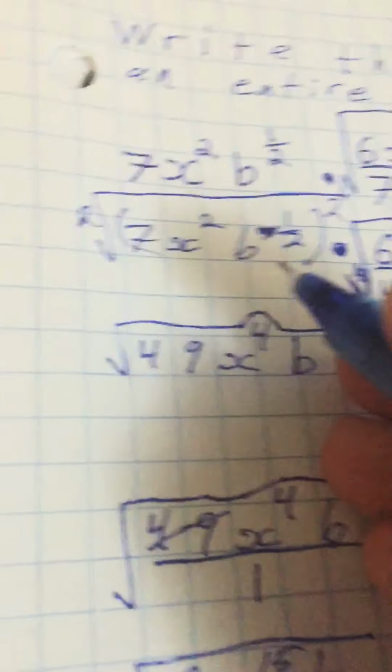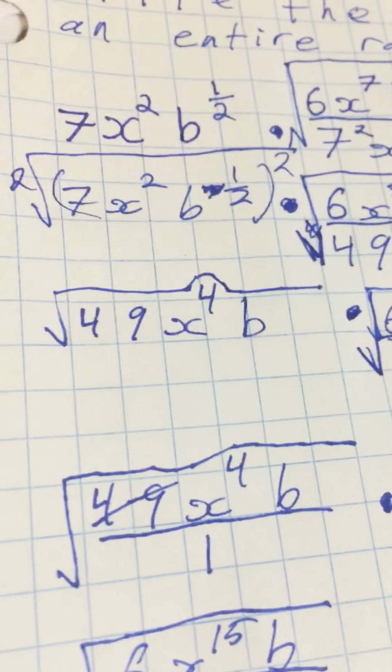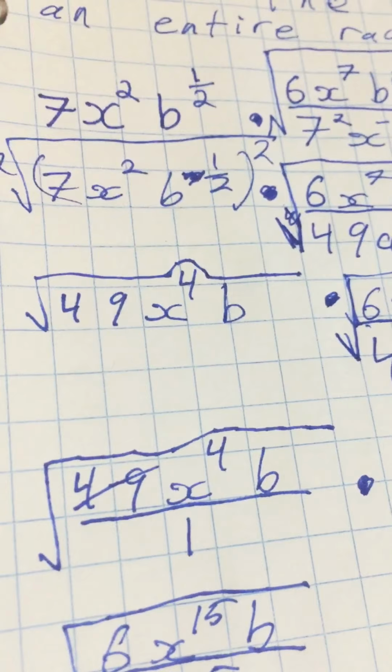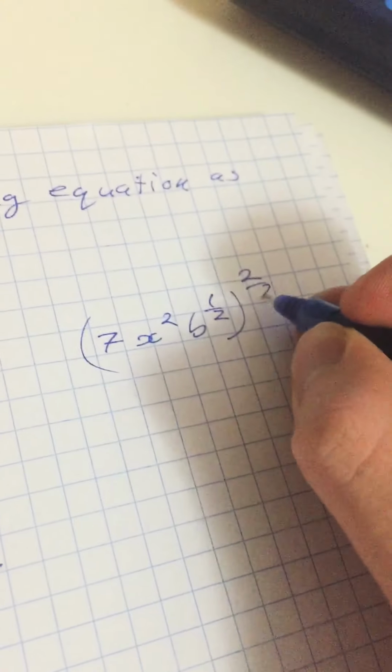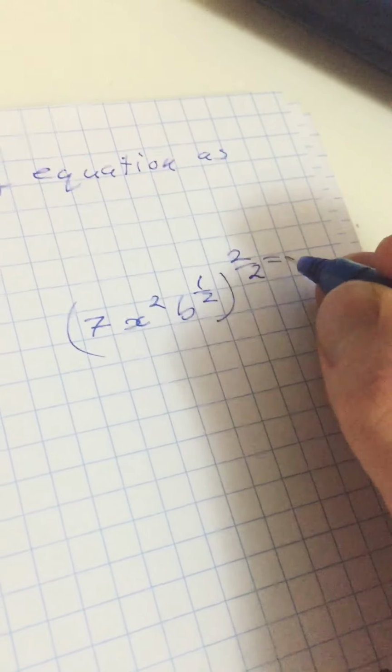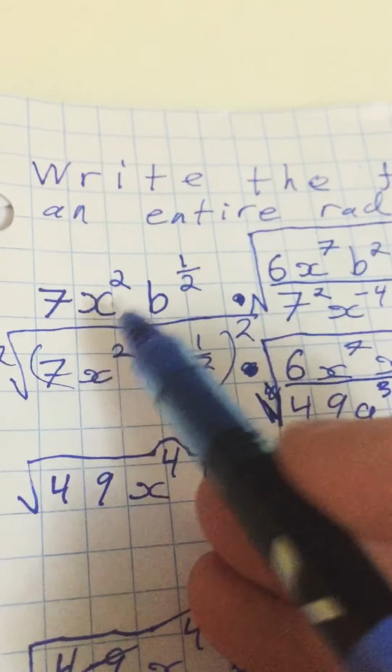So this right here is actually equal to 7x squared b to the 1/2 to the 2 over 2, which is just equal to 1. So that is equal to this and that there.